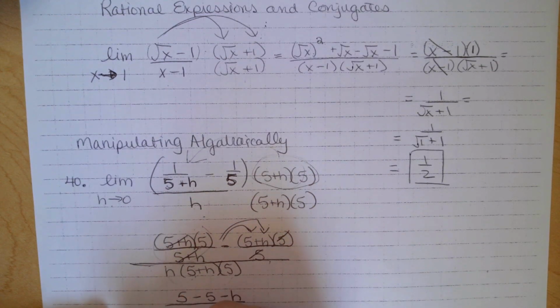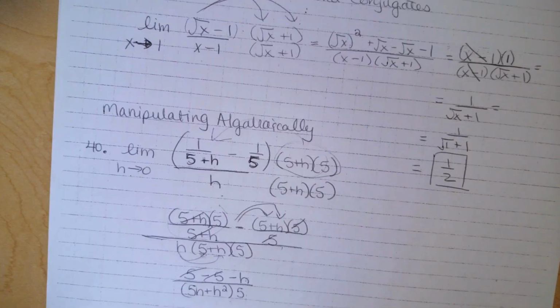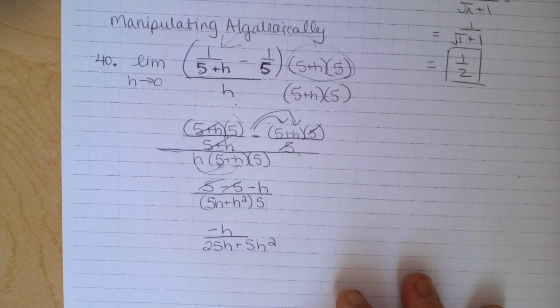So first I'm going to get 5h plus h squared times 5. Right, multiply this in, and then I'll get negative h, 5 minus h on top. On the bottom I get 25h plus 5h squared.